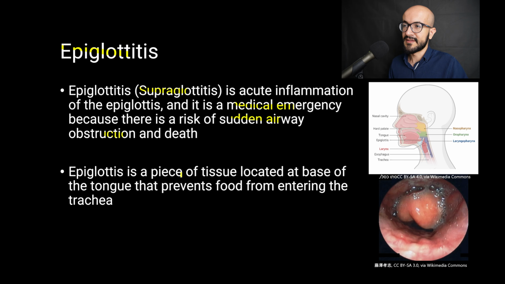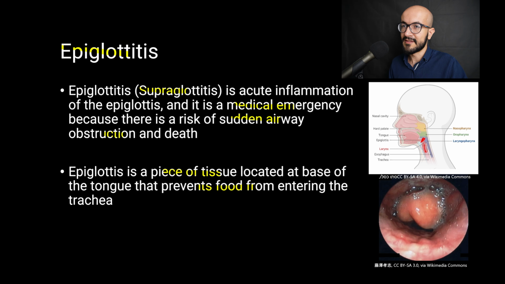And the epiglottis is a piece of tissue located at the base of the tongue, and it prevents food from entering the trachea. So as you can see in this picture here, we have the epiglottis located here at the base of the tongue, and here we have the trachea.